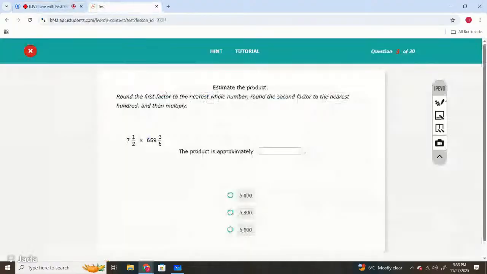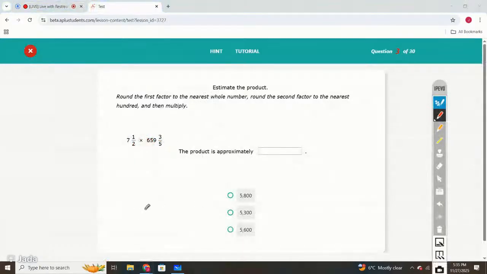7 whole 1 by 2. So we need to round the first number to the nearest whole number. So 1 by 2, the fractional part is exactly equal to half, so you need to round up. It would be rounded to 8. Now the second one you need to round to the nearest 100. So 659 is rounded to 700.